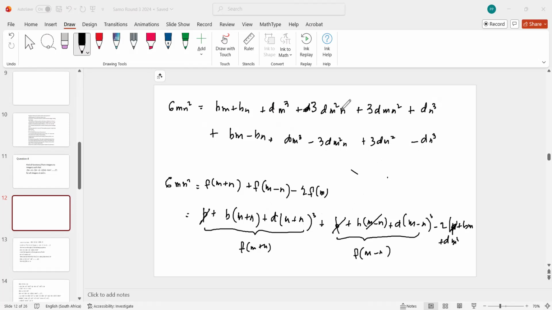See, if you replace the n by minus n here, this is what you get. Right. Now we're adding all this stuff. So you got bm. You still have this last term. You got minus 2bm minus 2dm cubed.